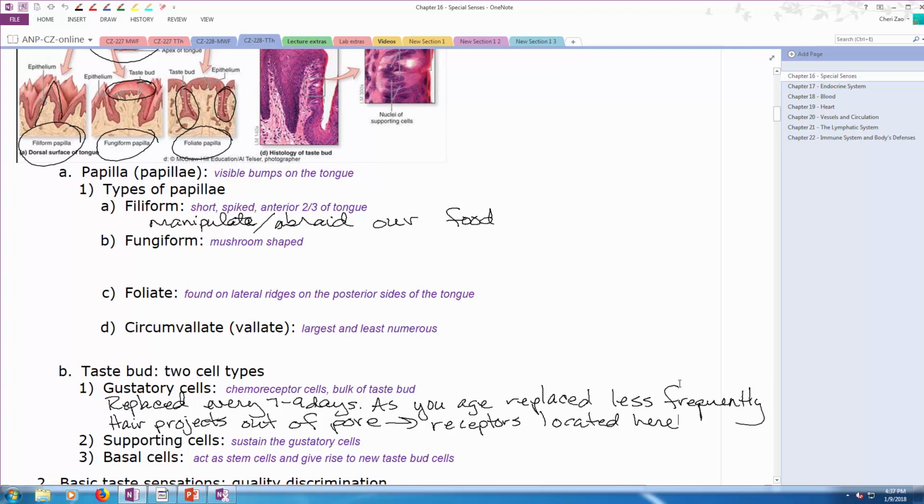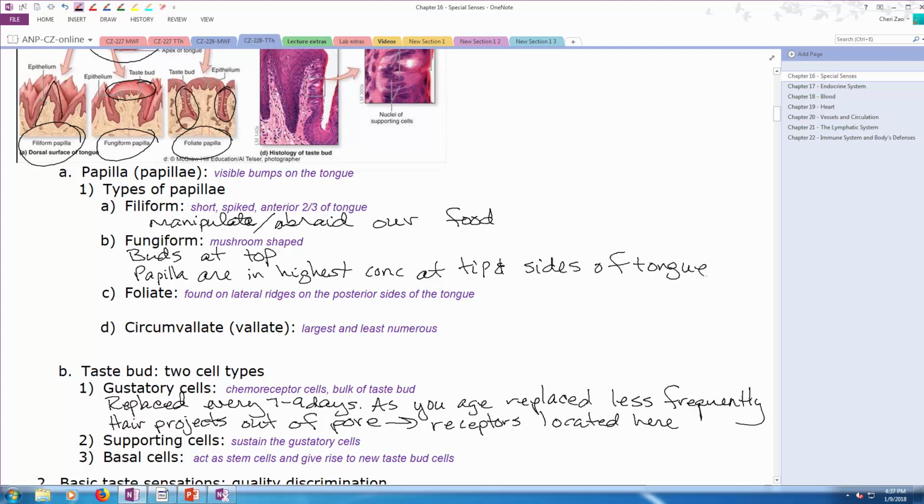Fungiform papilla, let's add to our notes now. We have buds, which when I say buds, taste buds, at the top of the fungiform papilla. The papilla are in highest concentration at the tip and sides of the tongue.